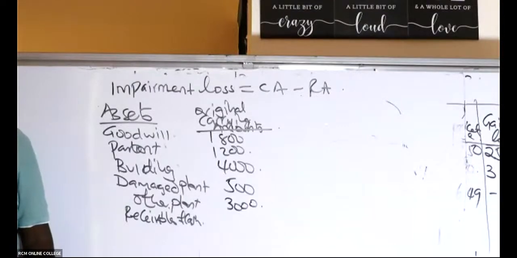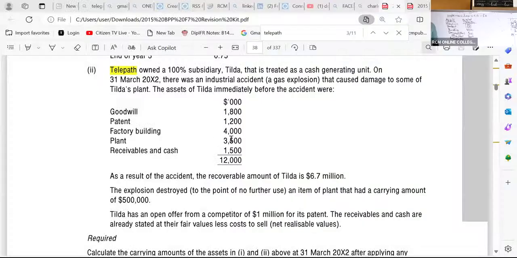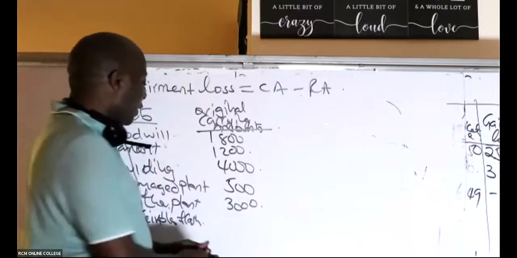All right. So plant 3,500. I've been able to apportion this to damaged, and the other plant, which will be 3,000. And then we have receivables and the cash, 1,500.